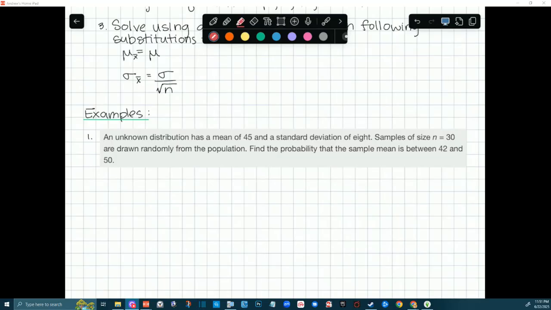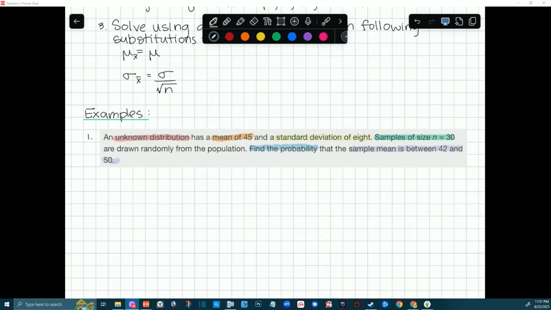We know that it's an unknown distribution. We know the mean is 45. The standard deviation of that raw data is 8. We know we're going to collect samples of size 30. And we want to find the probability that the sample mean is between 42 and 50.